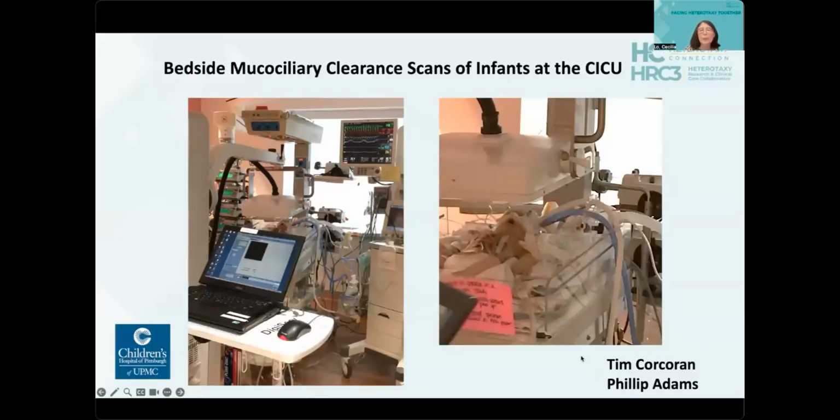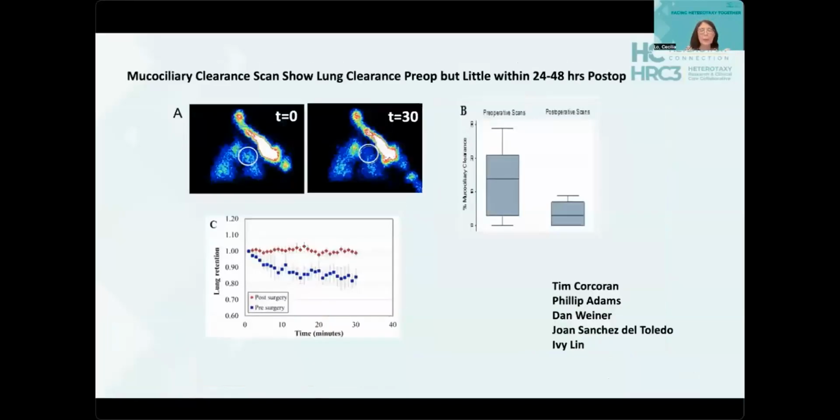So Tim developed the use of a nasal cannula to deliver technetium sulfur colloid into infants that undergo congenital cardiac surgery. And then this deposits the radioactivity in the airway and the lung. And then a portable gamma camera is placed above the infant. And then over a 30-minute period, 1 minute scans are conducted to measure radioactivity in the lung and airway.